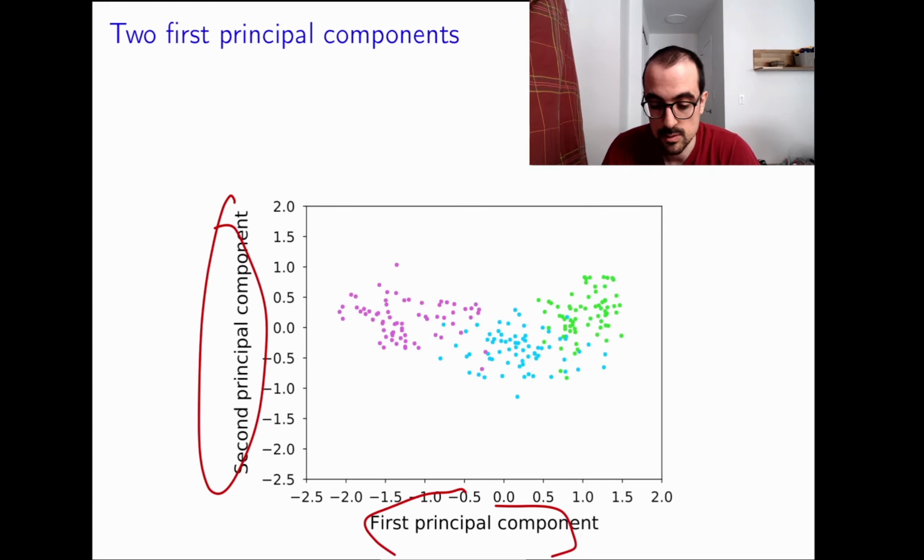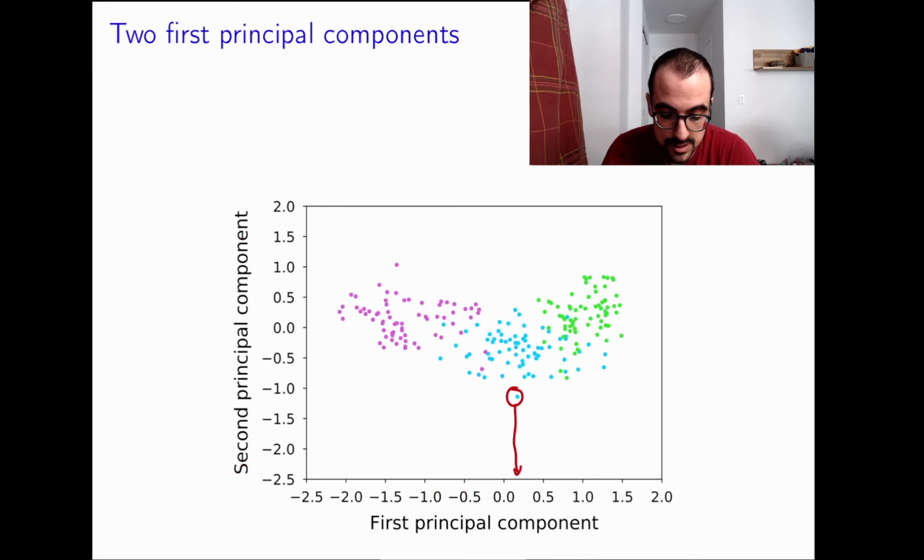And now we can plot a scatter plot, where, for example, for this point here, the corresponding principal component, which is just the inner product between that 7-dimensional vector and the first principal direction, is equal to this, and the inner product with the second principal direction is equal to that.